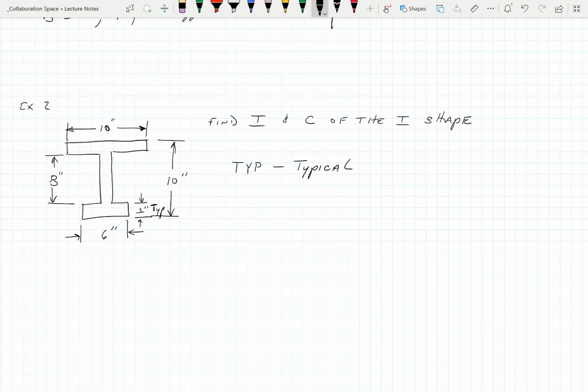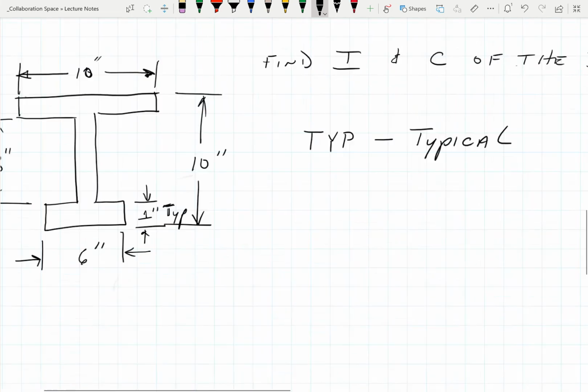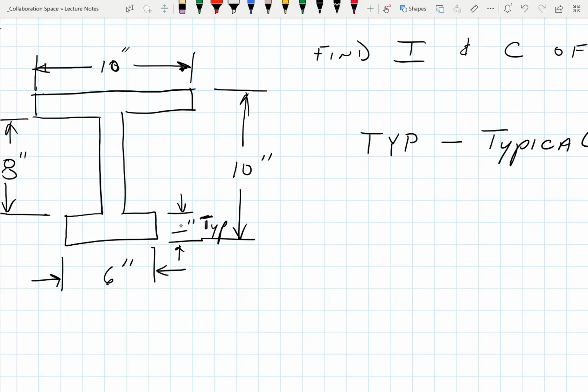If I give you a 1 inch dimension and I don't give you anything else for all those other dimensions, typical is for anything that's not labeled. What's the number next to typical? 1 inch. Sorry, it would be nice to clean that up, wouldn't it? How's that?